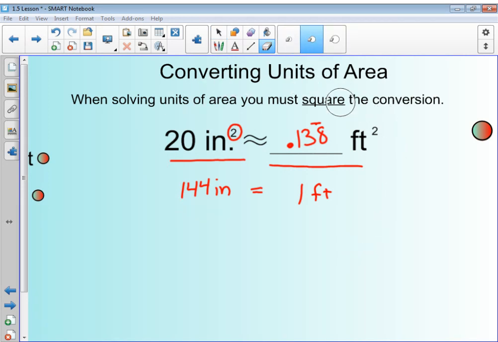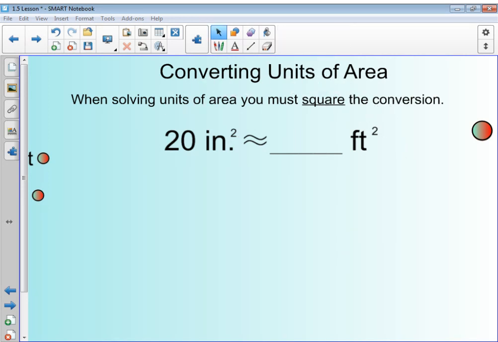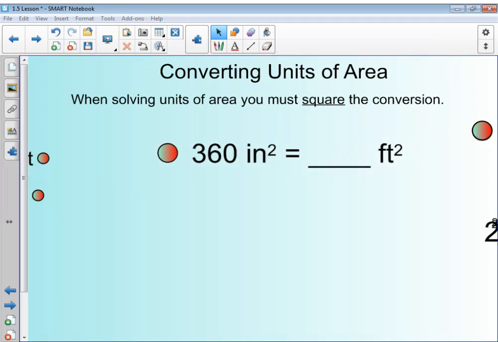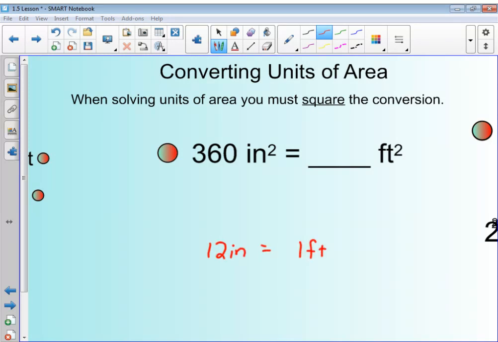Like I said, the new step today is because we're working squared, we're going to square our conversions. Here I have 360 inches squared into feet squared. So my conversion, well, 12 inches equals 1 foot. Because we're doing area squared, we're going to square our numbers in our conversion before we write them into our comparison ratio or our proportion.